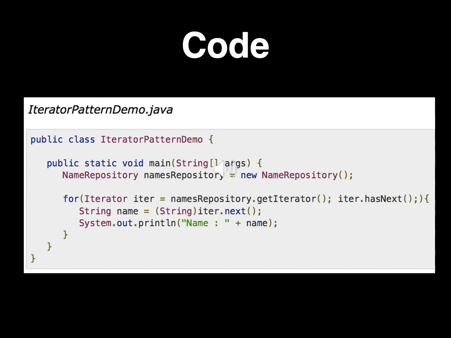It is requesting the NameRepository to return the required iterator, and the loop will continue until we reach the end of the name list. So inside the loop, the first index returns its data, and it will return all the names inside the NameRepository or the name container. You can see that this iterator is simply keeping track of the limit of the data, and it will end based on the condition of the hasNext method.